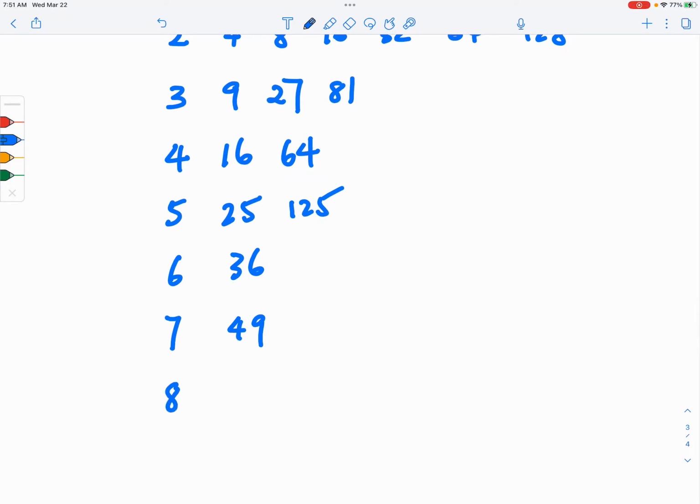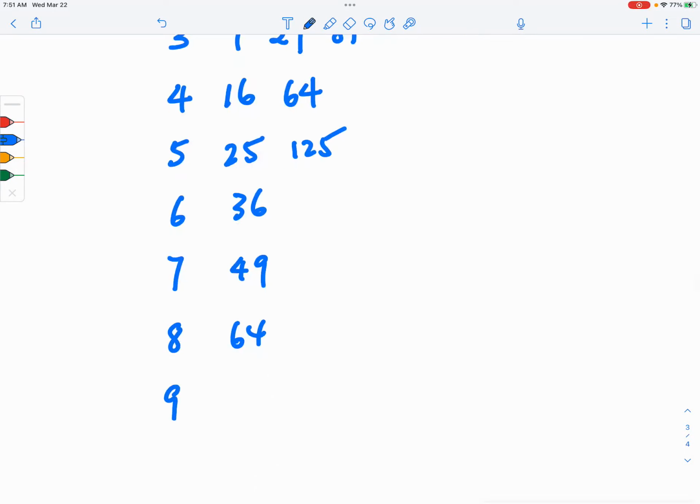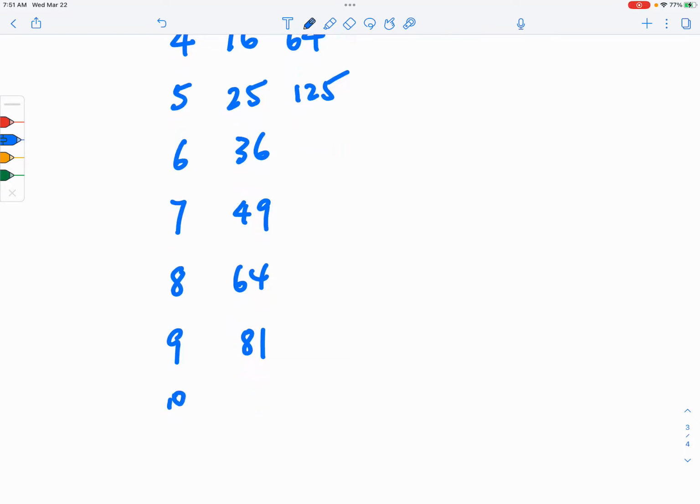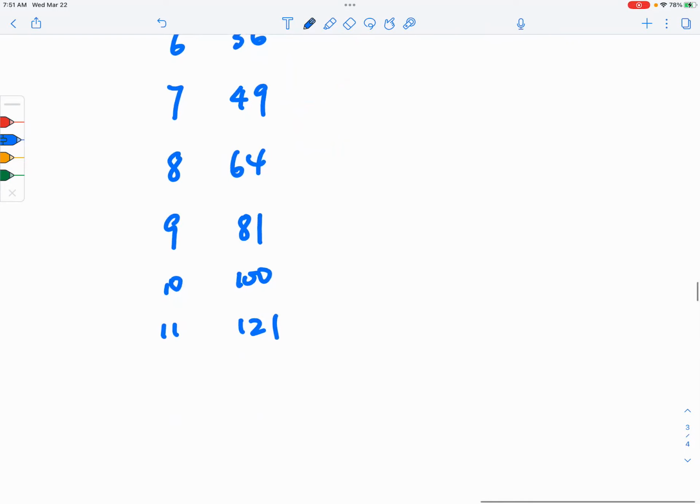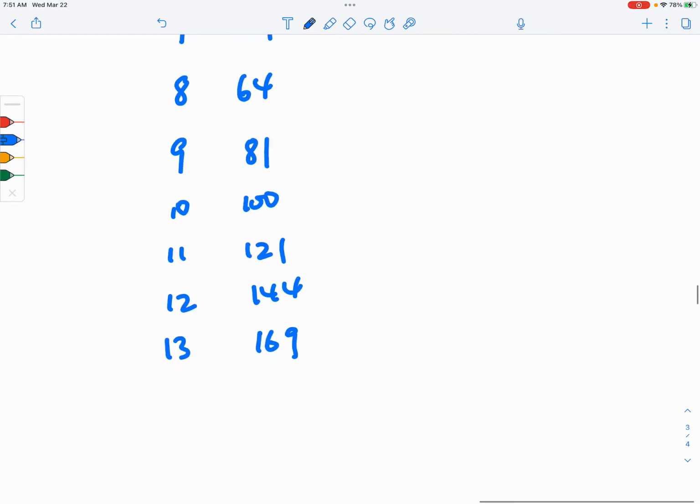For 8, I just need you to know 64. 9 would be 81. 10, of course, 100. 11 is, what's 11 squared? 121. All right, you don't need a calculator for this. What's 12 squared? 144. What's 13 squared? 169.